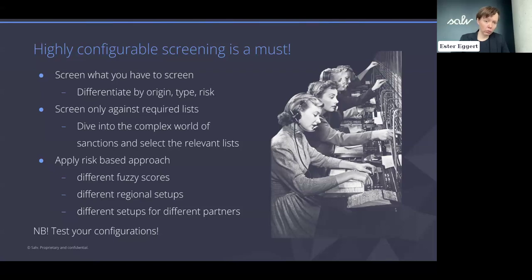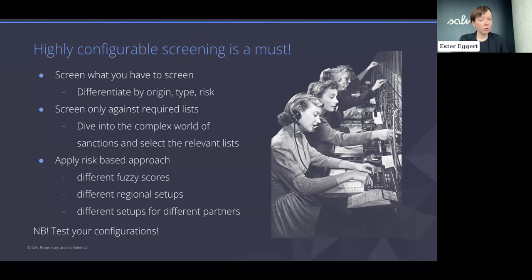So, examples. Why do we think so? Because again, country by country, the expectations of regulators are often different. Those of you who are licensed in different countries will encounter this, and actually you can use it in your favor by, for example, applying different fuzzy matching scores, applying some risk-based decisions where possible.